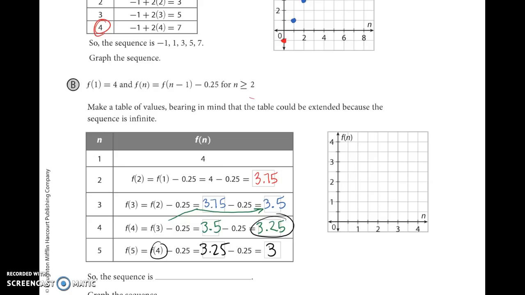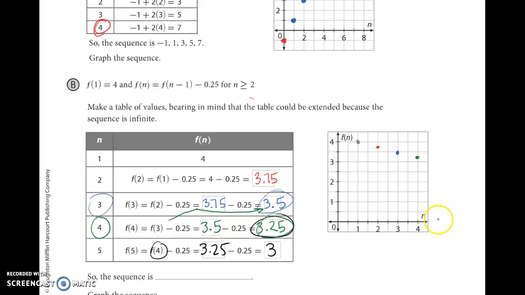So these are the points that we're going to plot. 1, 4; 2, 3.75; 3, 3.5; and 4, 3.25.